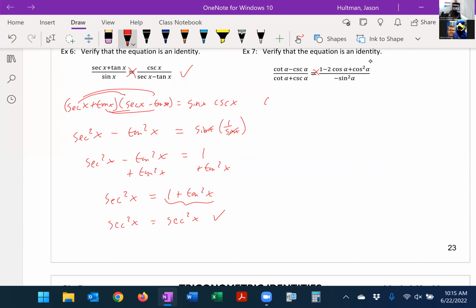We're going to say that the cotangent of alpha, that little a there is alpha, a Greek letter that stands for an angle, minus cosecant alpha, times negative sine alpha, is equal to cotangent alpha plus cosecant alpha times 1 minus 2 cosine alpha plus cosine squared alpha.